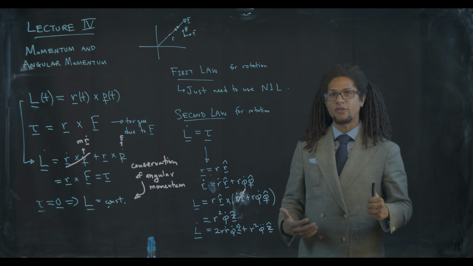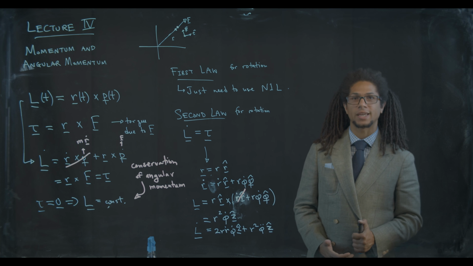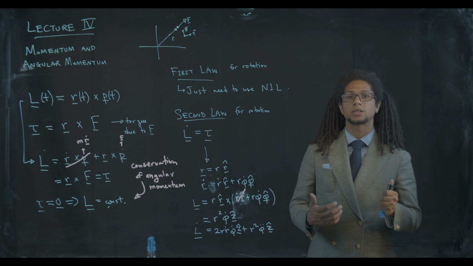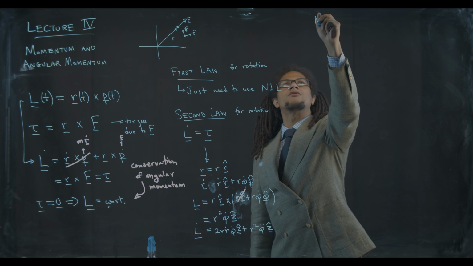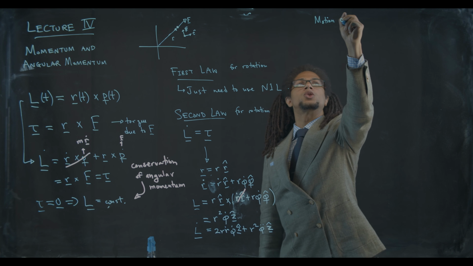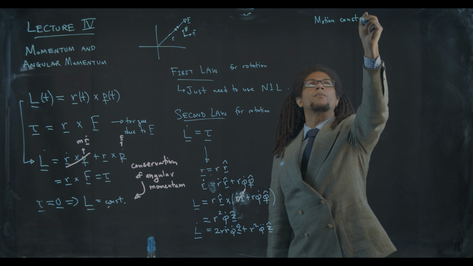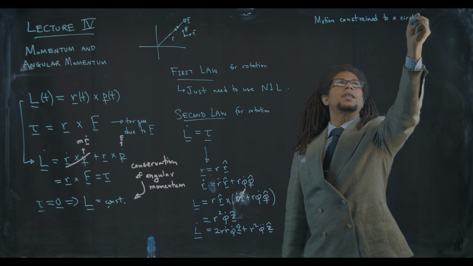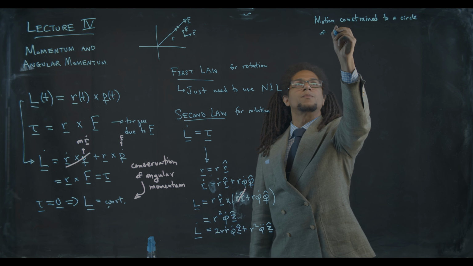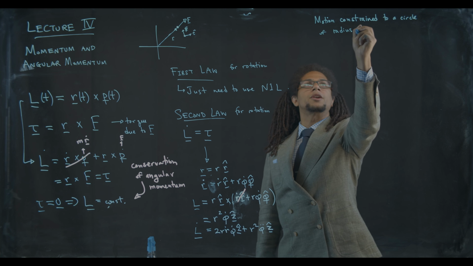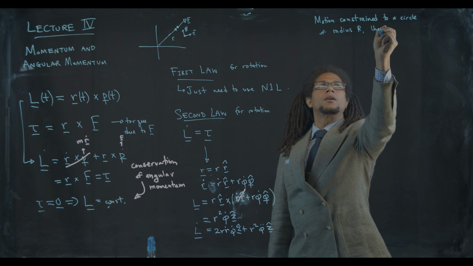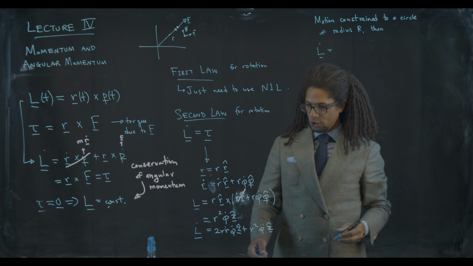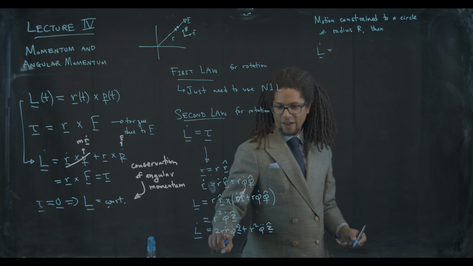However, often we find ourselves in an even more special case than planar motion, namely the case where the motion is constrained to lie on a circle. So if I have motion constrained to a circle, and let me say it's a circle of radius capital R, then L dot will be equal to, well, the r dot term will vanish.